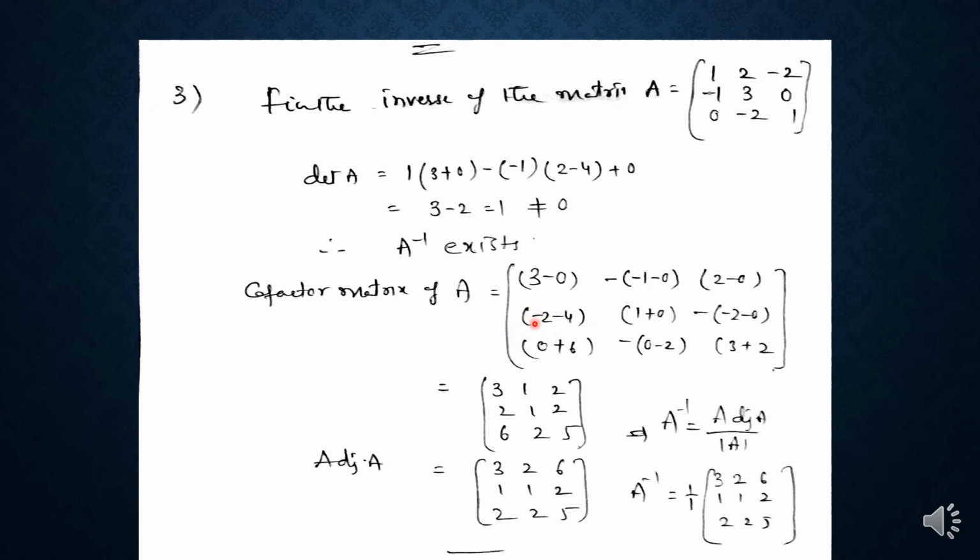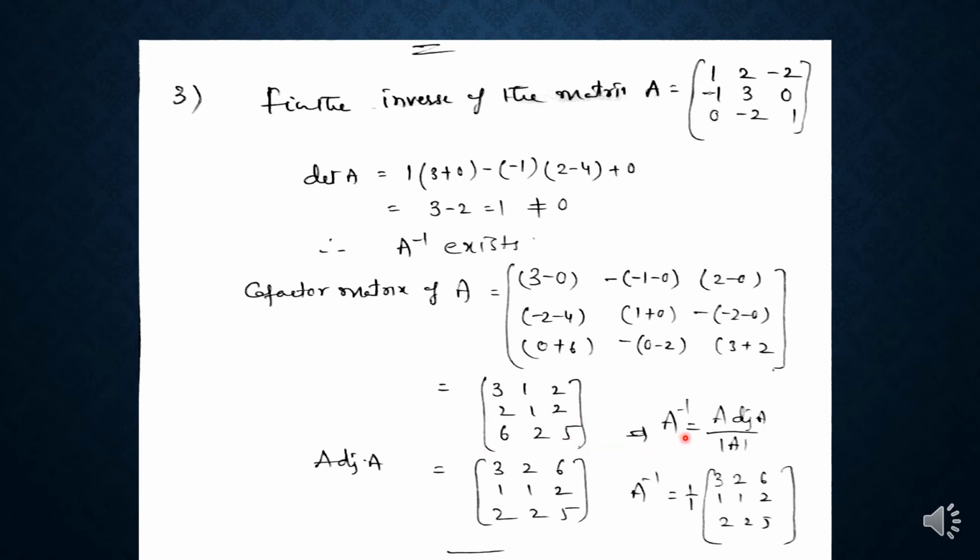Bracket should be here. Minus of 2 minus 4. That is minus into minus 2, that is plus 2. 1 plus 0, 1. Minus of minus 2 is plus 2. 0 plus 6, 6. And minus of minus 2, plus 2. And 3 plus 2 is 5. So the cofactor matrix is equal to 3 1 2, 2 1 2, 6 2 5.